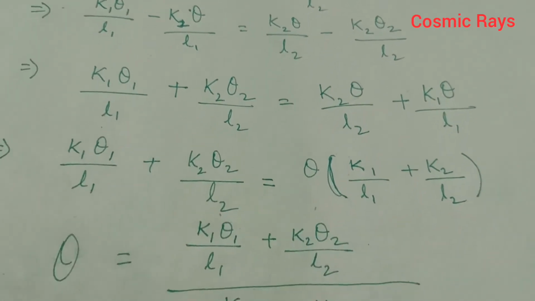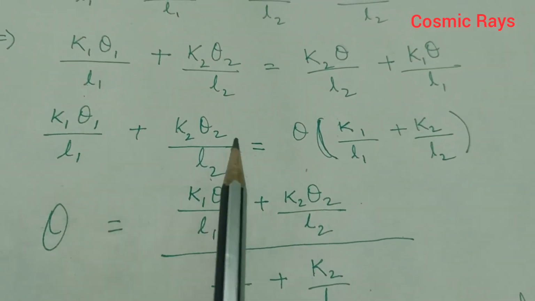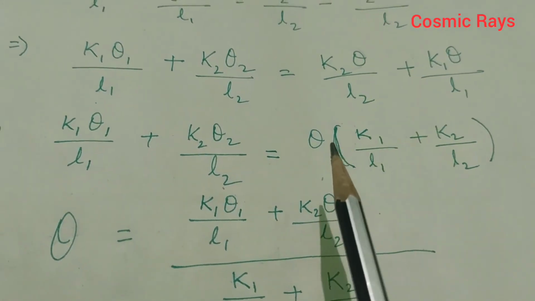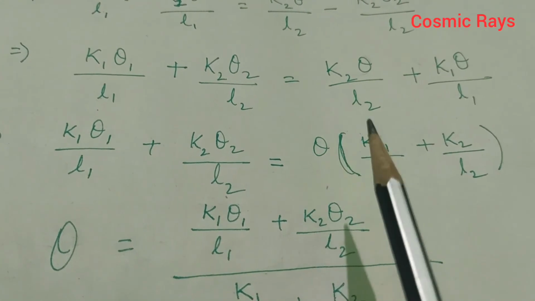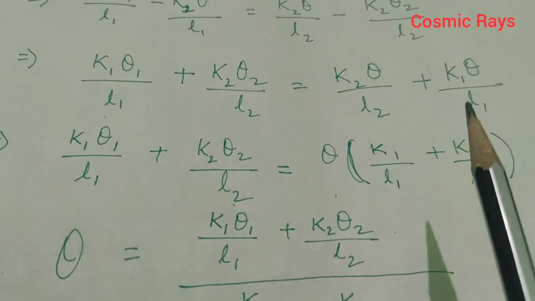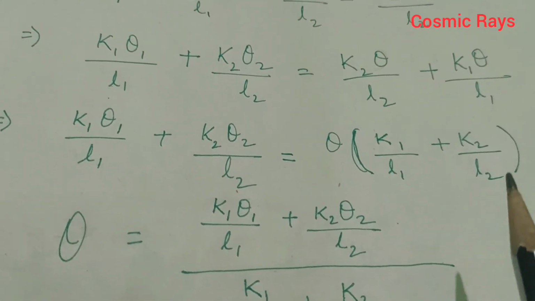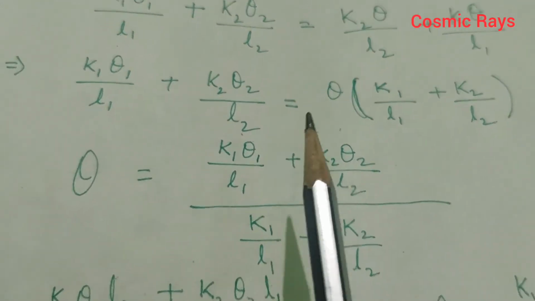After this, the left side remains as it is, but from the right we take theta common. Once we take theta common, then we have K1 upon L1 and K2 upon L2, and we are writing K1 upon L1 first, as A plus B is equal to B plus A. Now we have to find the value of theta.